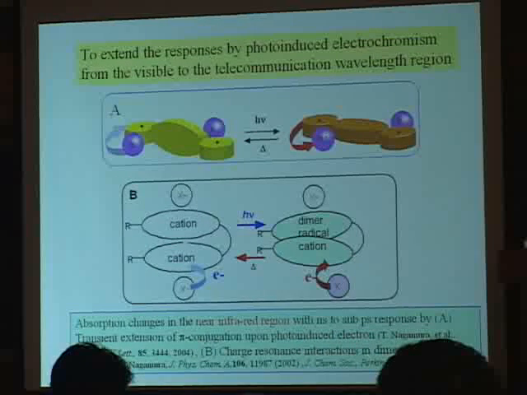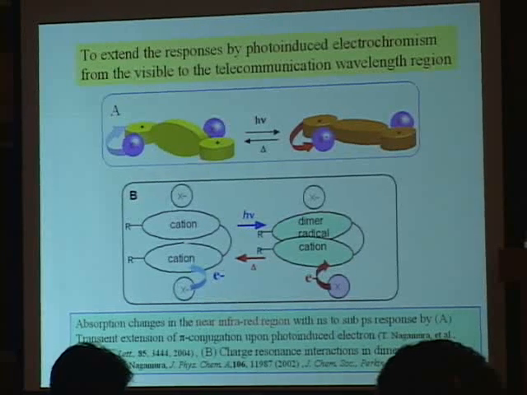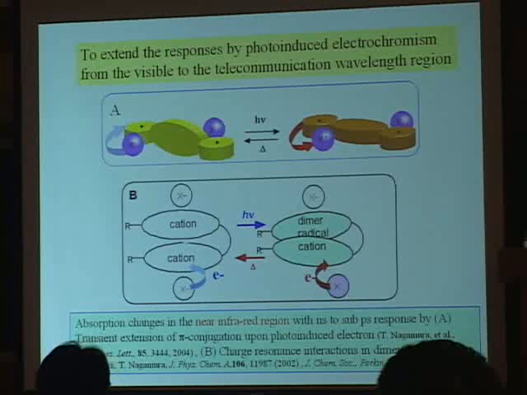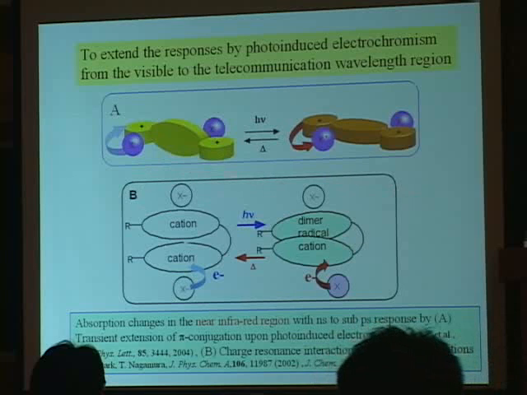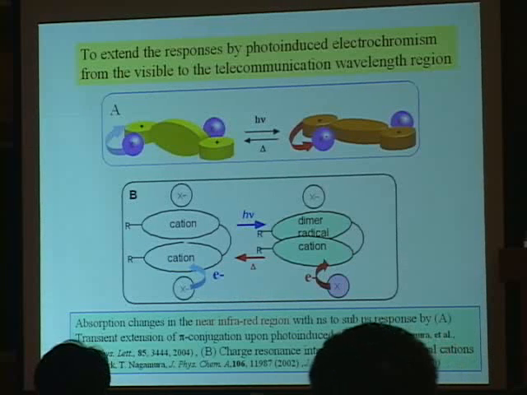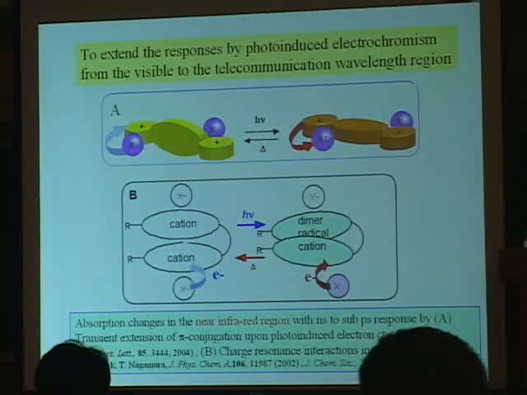And one thing I'd like to show you is that we can control the colored state or absorption spectral response range, wavelength range. For example, in this case, we try to make absorption change in the optical telecommunication wavelength region, which is about 1200 to 1600. So we have been making two approaches.